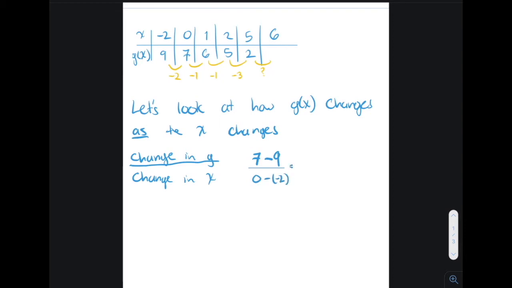Ultimately giving us negative 2 over 2, which reduces to negative 1. Let's try the same procedure for the third and second columns. We'd have 6 minus 7 over, change in x being 1 minus 0, and we'd get negative 1 over 1, which would be negative 1.